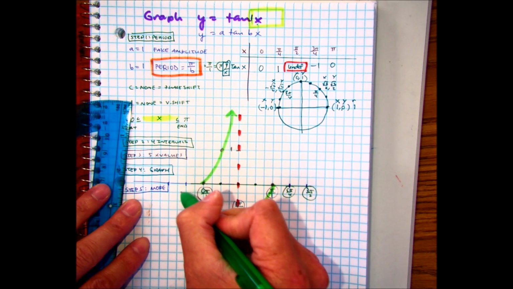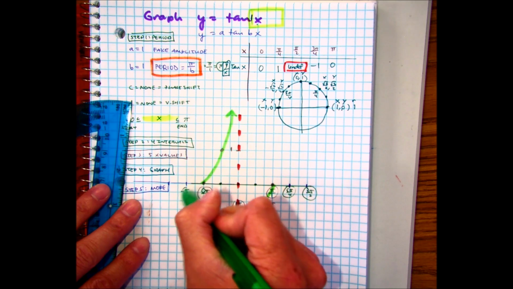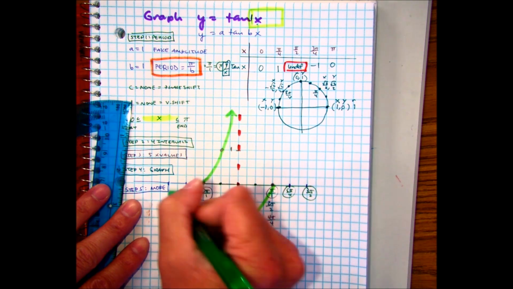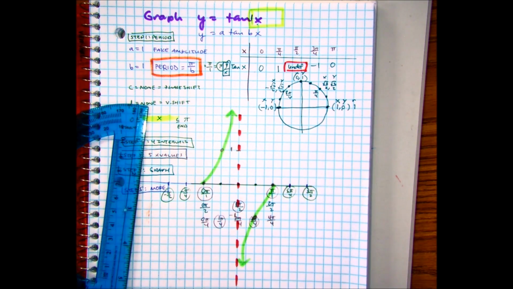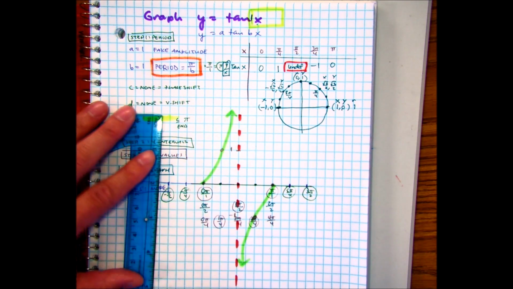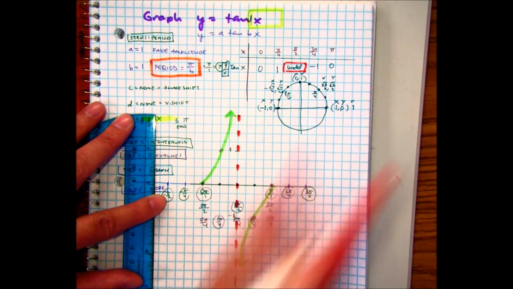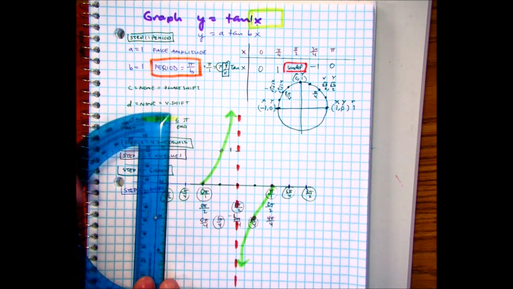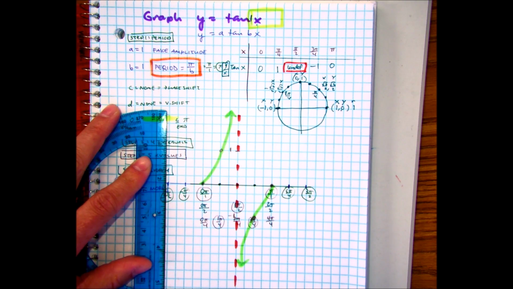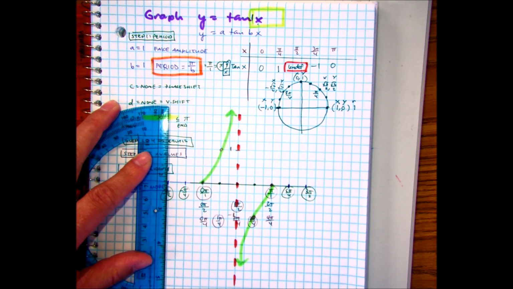This will become negative pi over 4. Negative 2 pi over 4 is negative pi over 2. If you use the unit circle, you'll realize that tangent at negative pi over 2 is just undefined.